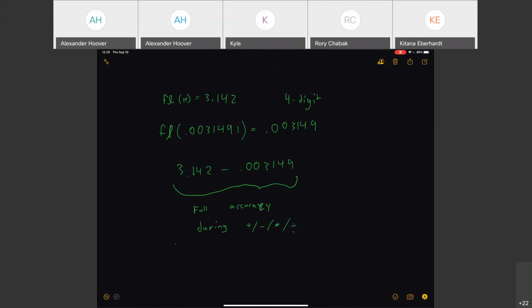But then when we store with our reduced accuracy, the 4-digit floating point representation. Okay, that's one thing I just wanted to make sense.